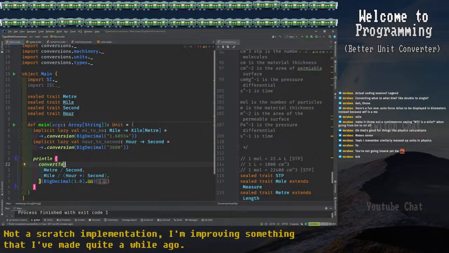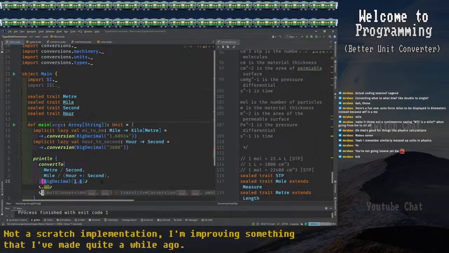Looks like I can't derive it. Where does it get stuck at? Oh, you can't find it. Hmm. You can't find meter to mile, which is a little concerning.